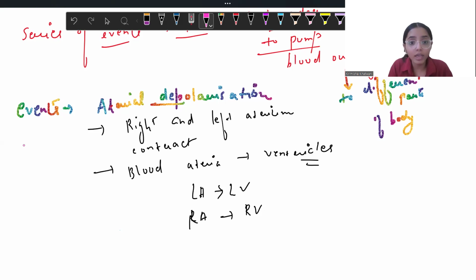The left atrium and the left ventricle have oxygenated blood because this blood is coming from the lungs through pulmonary veins.